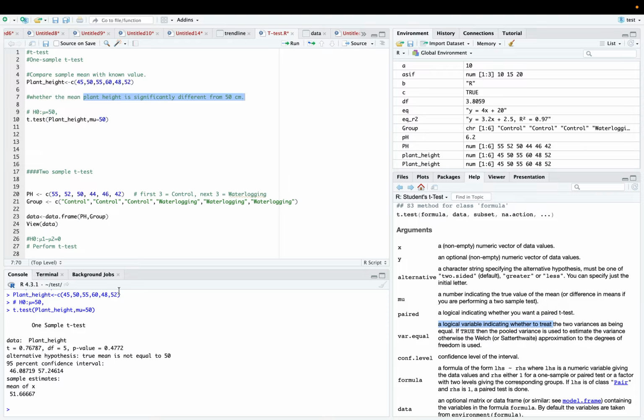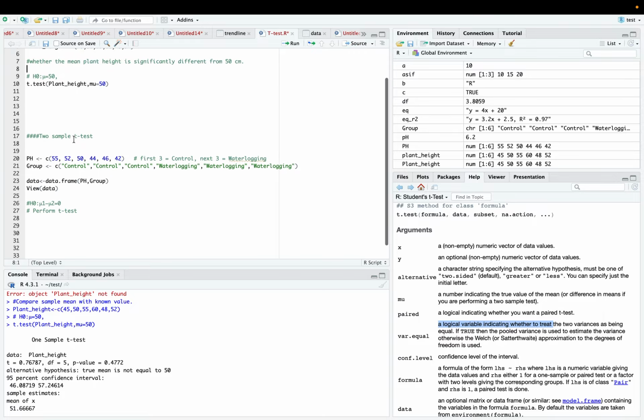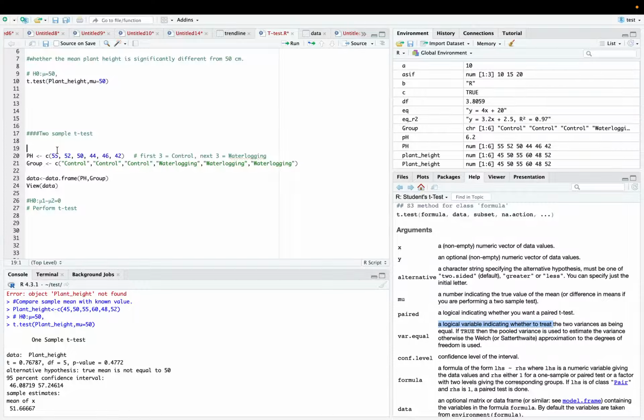Okay, so it's done, one sample t-test. Now I will show how to do two sample t-test. I already wrote a data frame, that is plant height will be 55, 52, and 40, 50. These are the control, and these three will be the water logging.